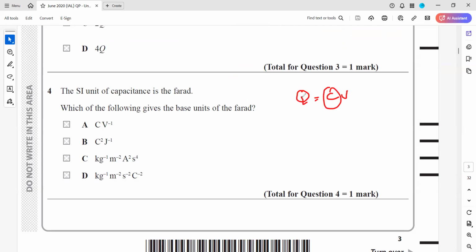And we have I is equal to Q divided by T. So Q is I multiplied by T, equal to CV. What about voltage? Voltage is work done per unit charge, or energy divided by charge.